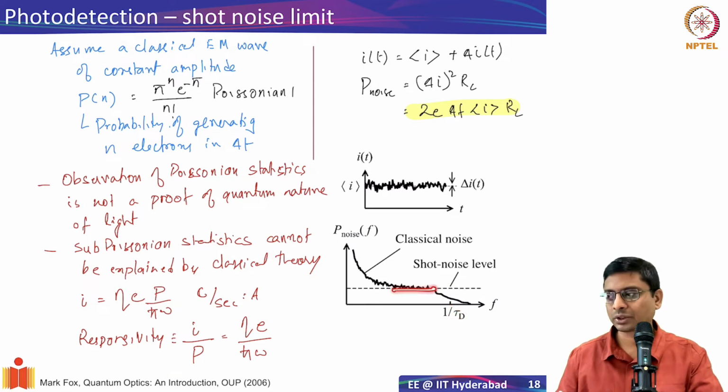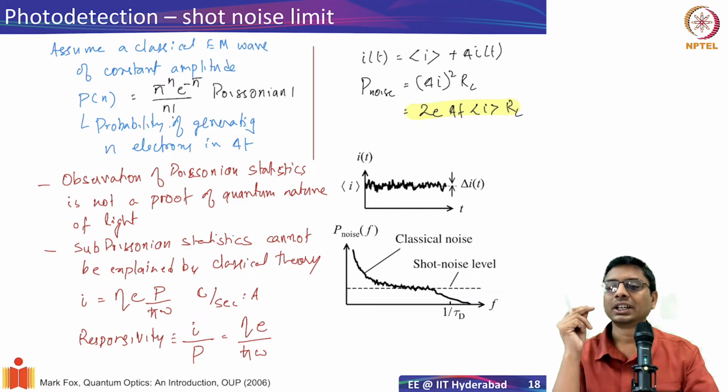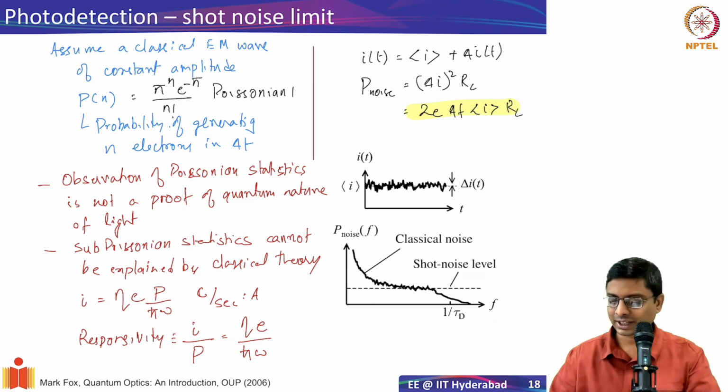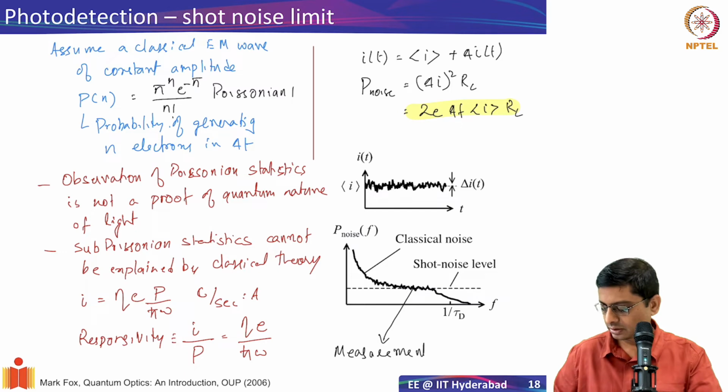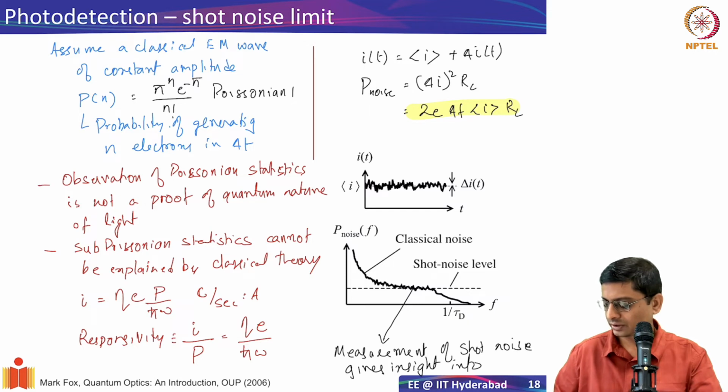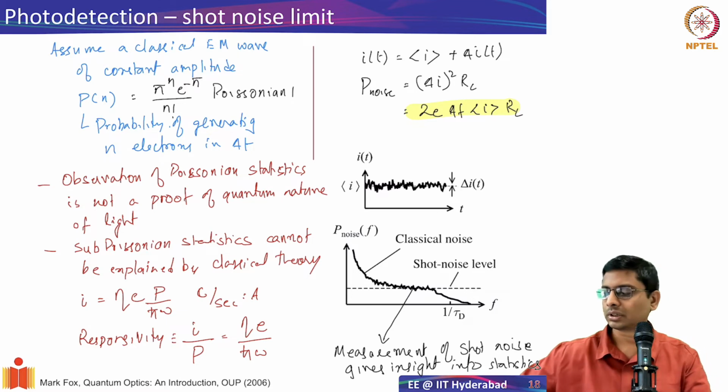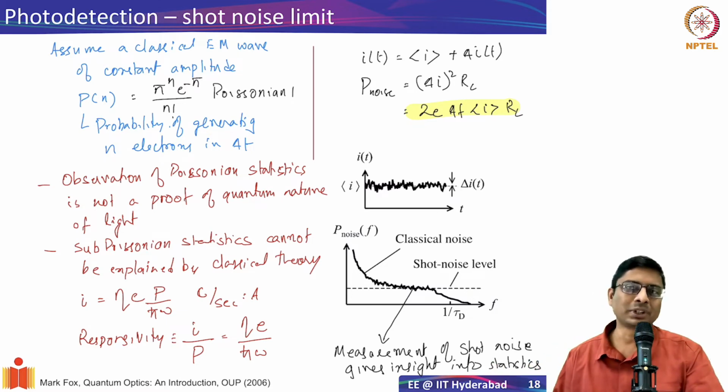Now, if we are able to measure shot noise at high frequencies, the measurement of shot noise gives insight into photon statistics. Okay, so what sort of insight? We will come to that in a moment.